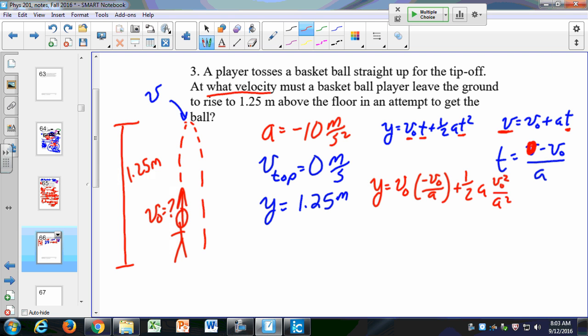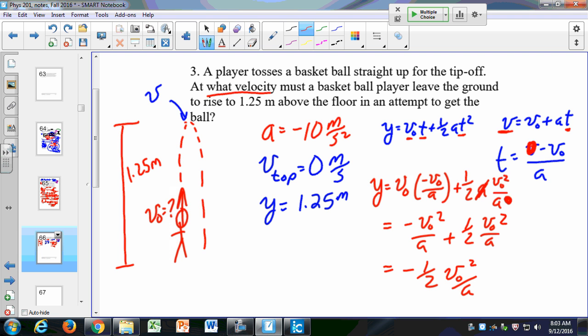All right? And now I get negative v naught squared over a plus 1/2 a, or excuse me, half v naught squared over a, because I lose this a and I lose an a there. Notice that I have common terms here, v naught squared over a.